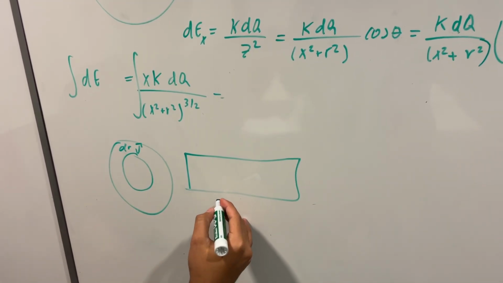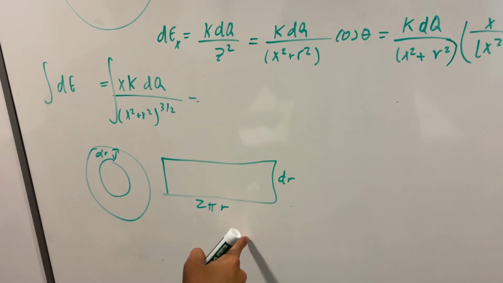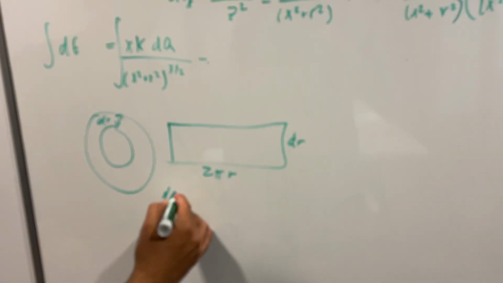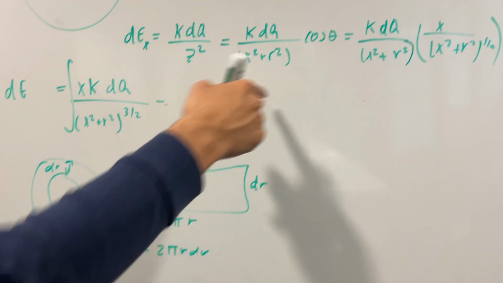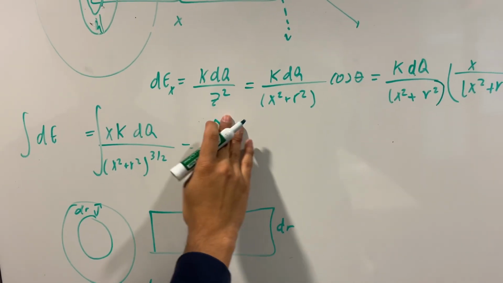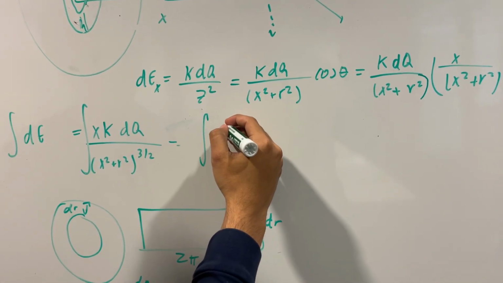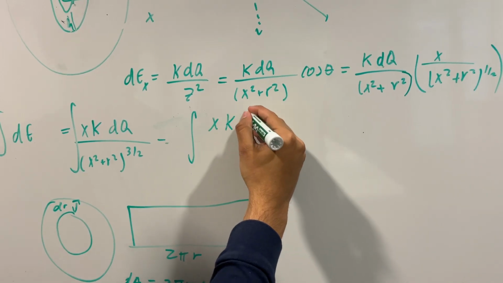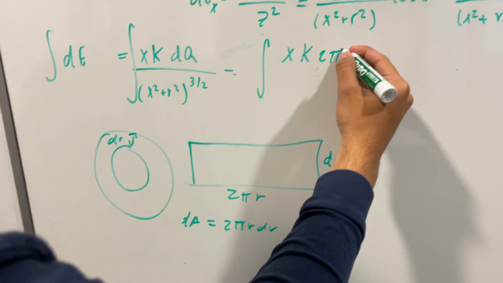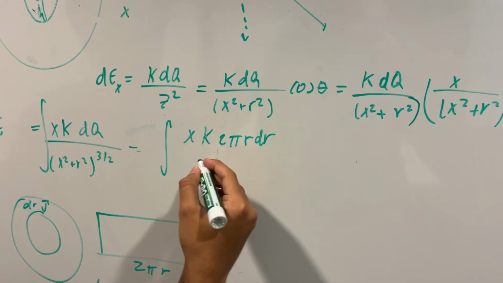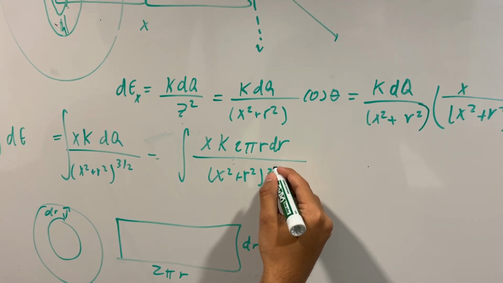So this side here is gonna be 2 pi r, and this side here is just dr. So the area of this thing, dA, is equal to 2 pi r dr. We plug that in here, so we get the integral of x k sigma 2 pi r dr all over x squared plus r squared to the 3/2.